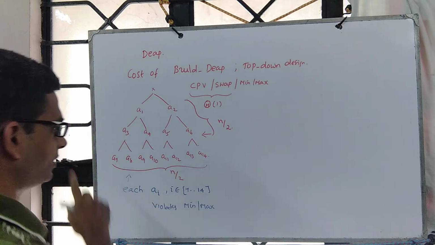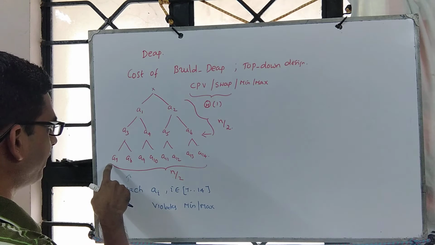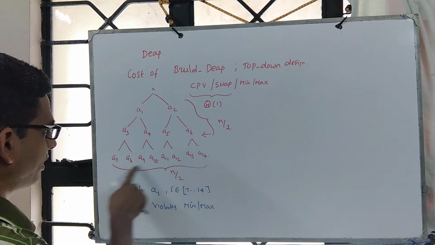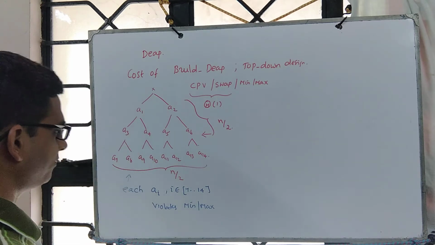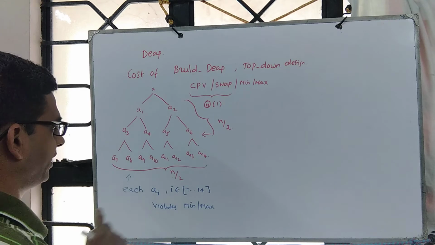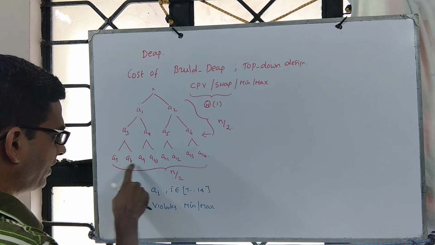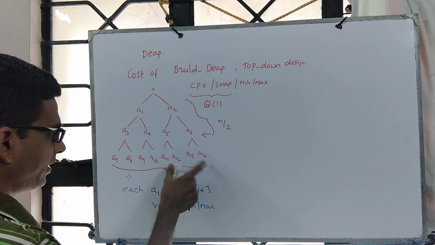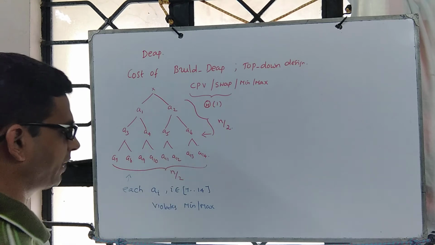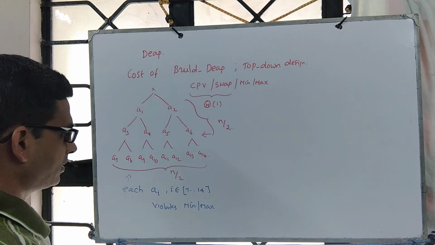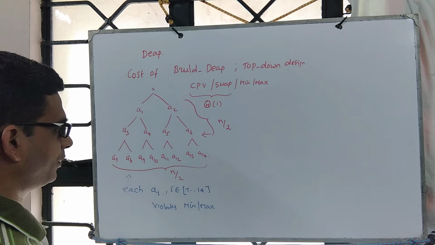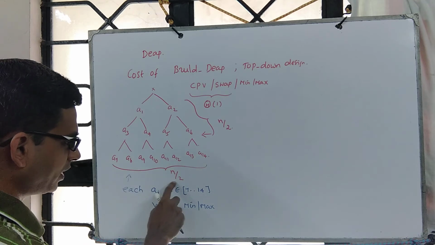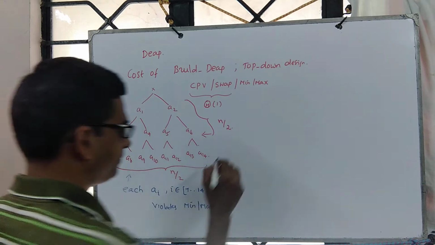So I insert this and there is a min violation. So you set right that as part of this subtree. Similarly, this one there is a violation, this one there is a violation. When you go here, there is a violation with respect to max. Something like that if you do it, and that's something we do for n by 2 times.